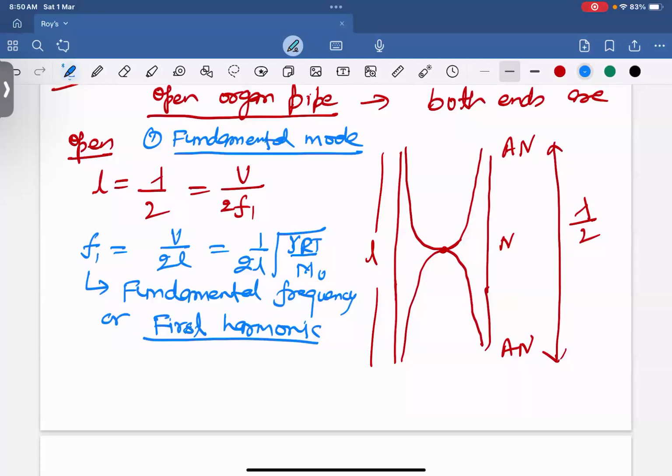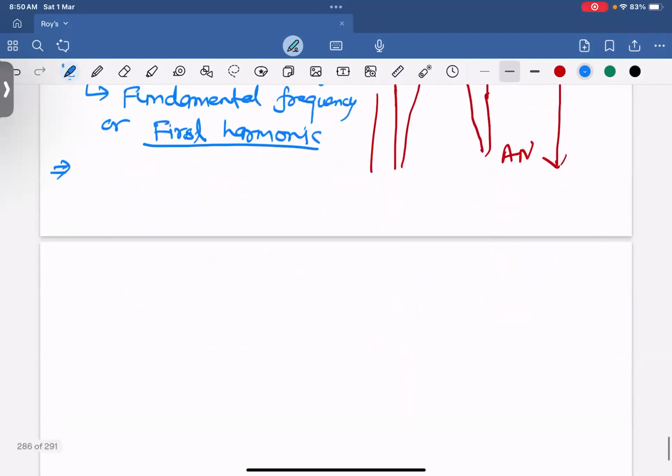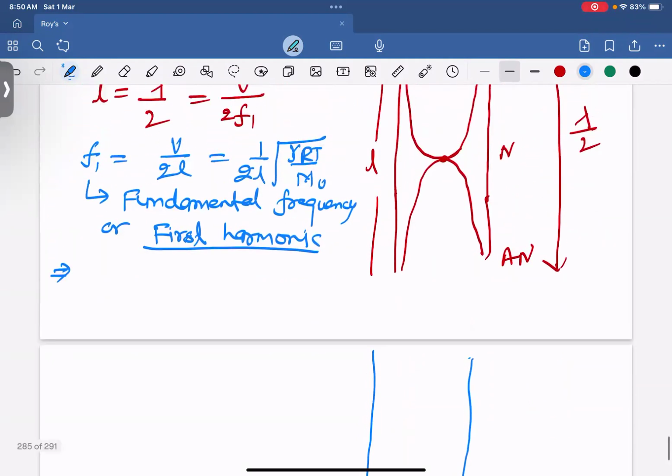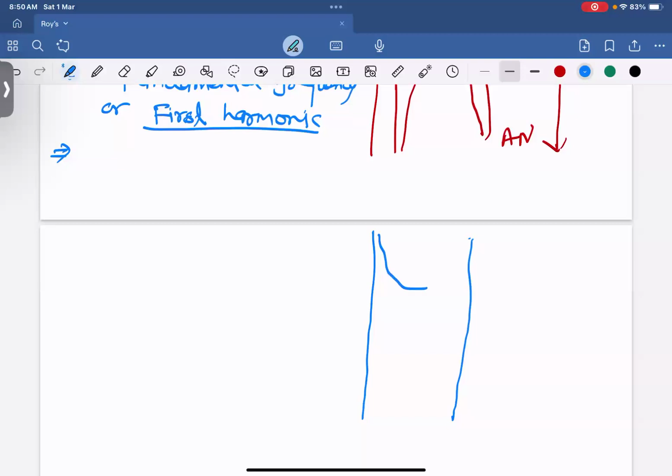In this, as you can see, it is V by 2L, the first harmonic, the fundamental frequency. If I go to a higher mode, what happens? If I find more harmonics, it will be like this, and here also you will get a node, and at this point it will be like this also.